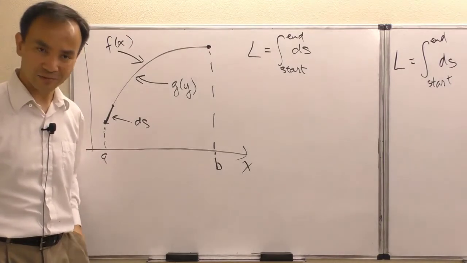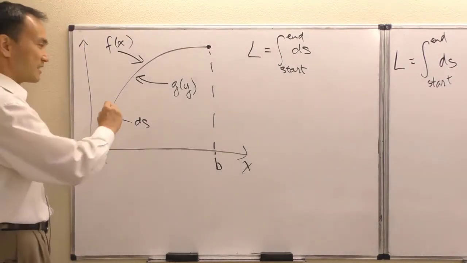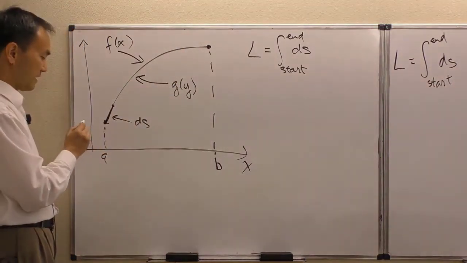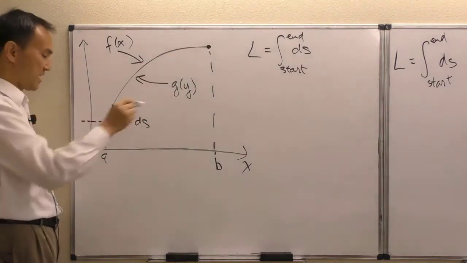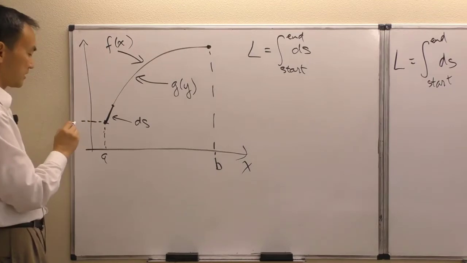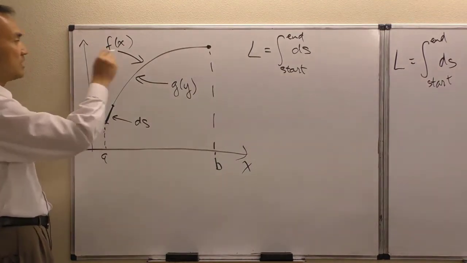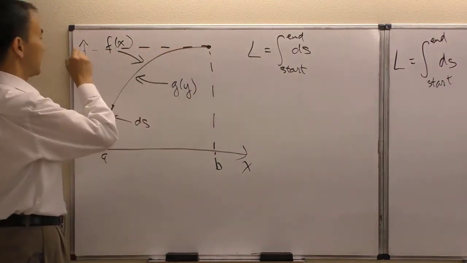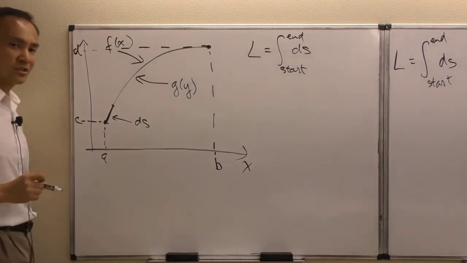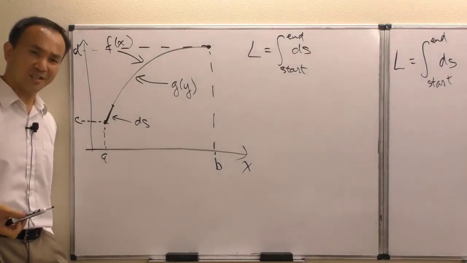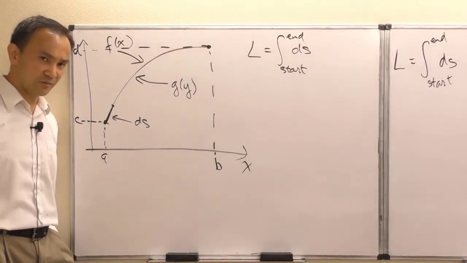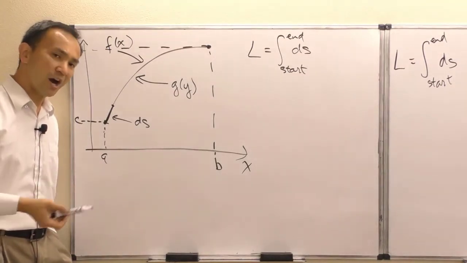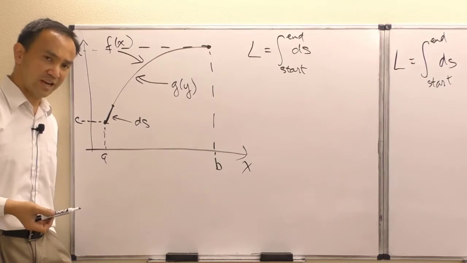Okay, and then similarly, if we represent the same curve as a function of y, then on the y-axis, starting is going to be some y value at c to some y value at d. Okay, so we have two ways. Any curve, we always have two ways to represent our curve, either in terms of x or in terms of y. Okay, and that all depends on our application.